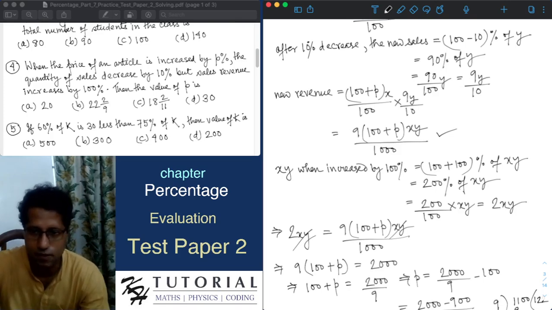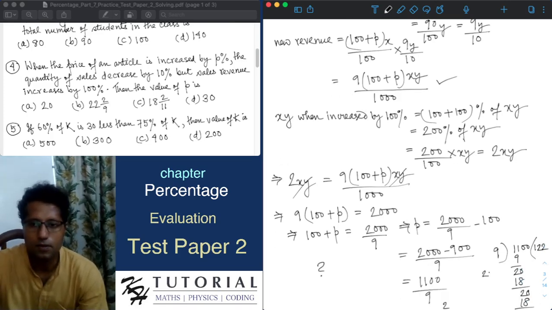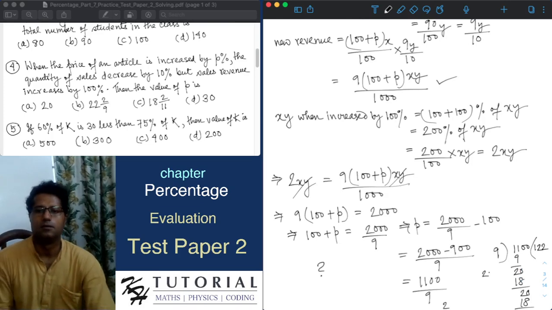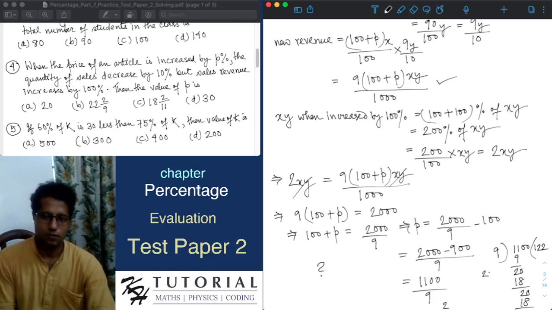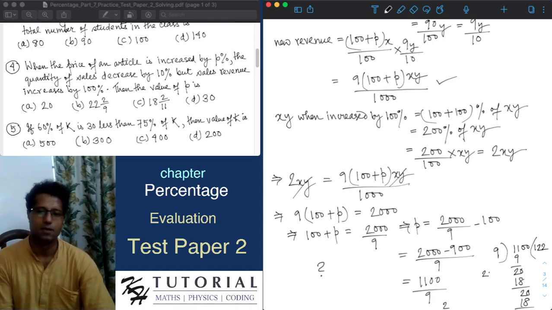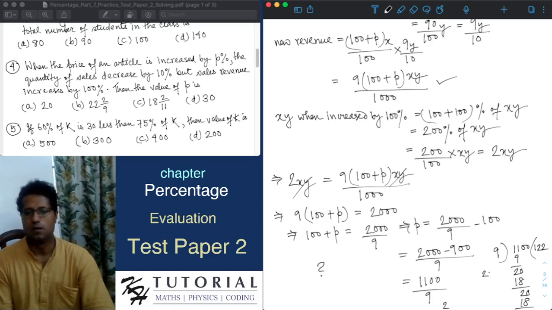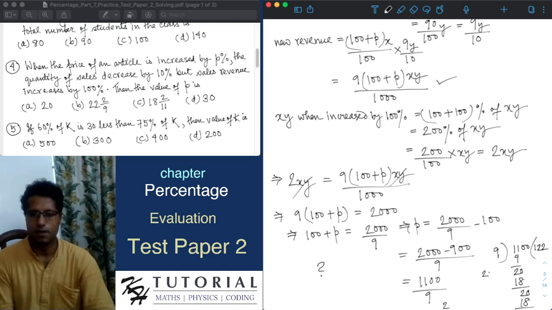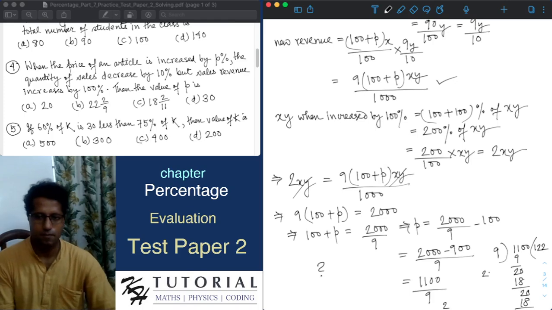We cancel out XY from both sides, and we get 9 into 100 plus P equals 2000. From this we have to solve for P. We got 100 plus P equals 2000 by 9. This implies P equals 2000 by 9 minus 100.